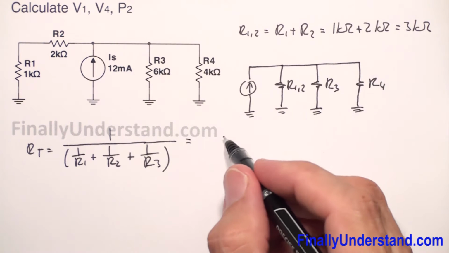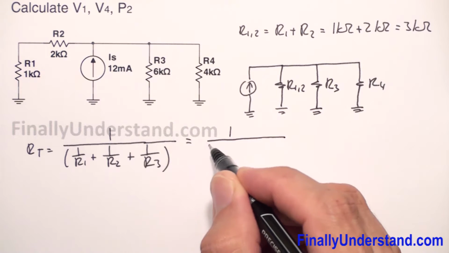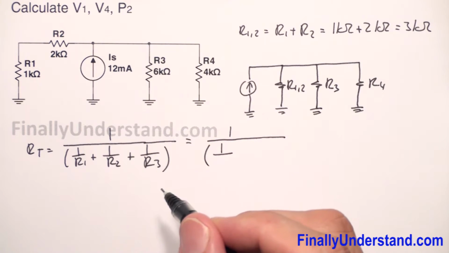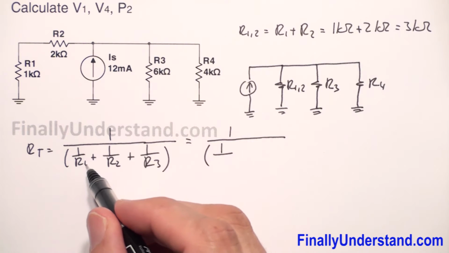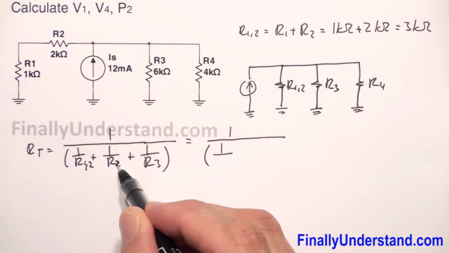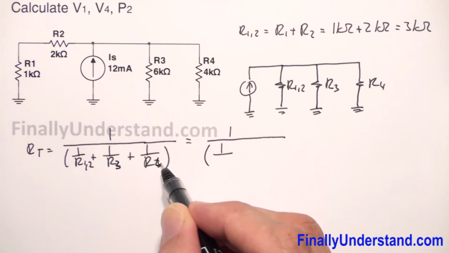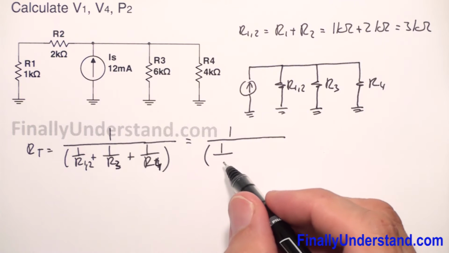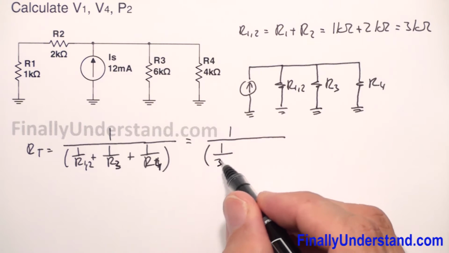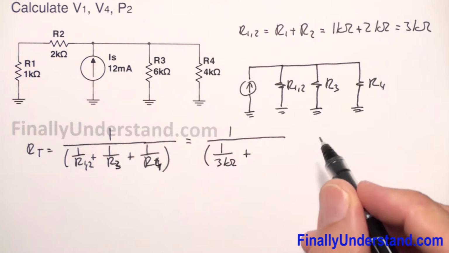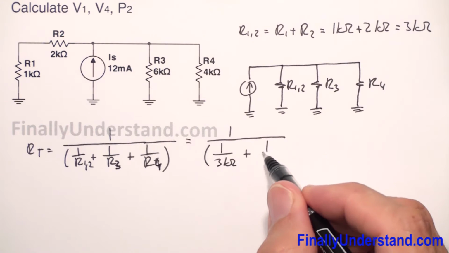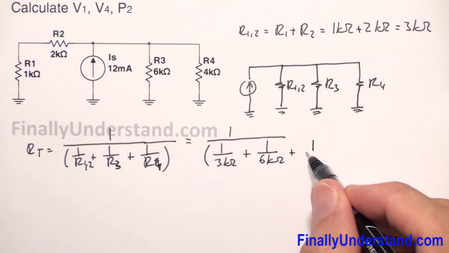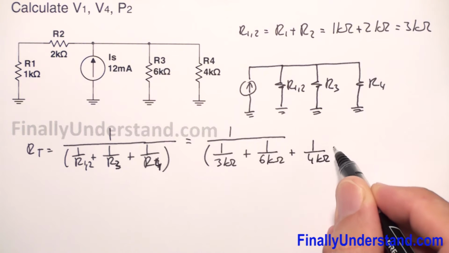And this is equal to 1 divided by, open parenthesis, 1 over, mistake, this is R1,2, this is R3, and this is my R4. Okay, my small correction. So R1,2 is equal to 3 kilo ohms, plus 1 over R3, which is 6 kilo ohms, plus 1 over 4 kilo ohms.